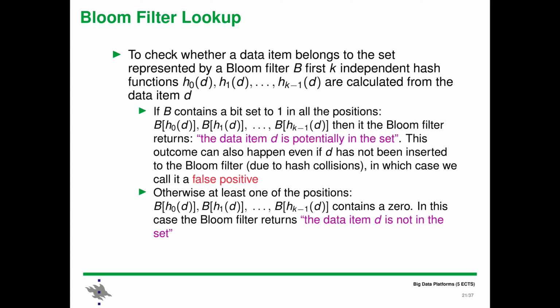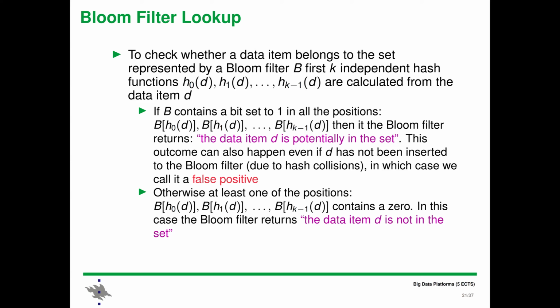Then if we are unlucky and the two positions at which we probe already have a one, it might be because we've already inserted this item and changed both the positions we probe in the case of k equals 2, or it might be that we were super unlucky and some other items happened to change these two positions from 0 to 1, even though our data item hasn't been added yet.